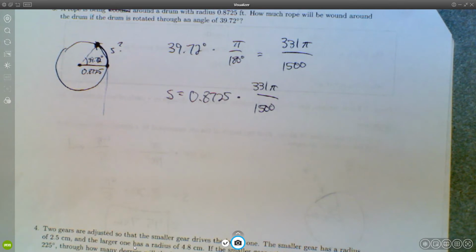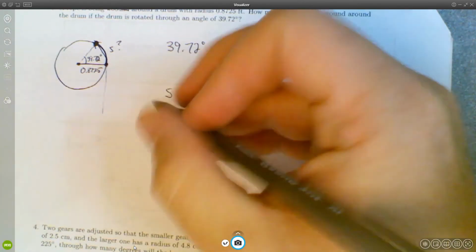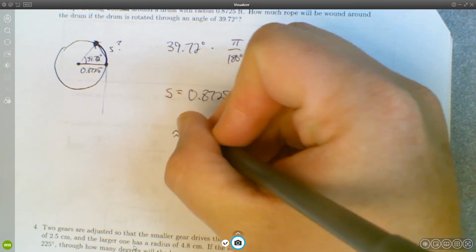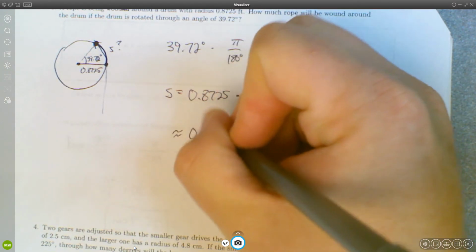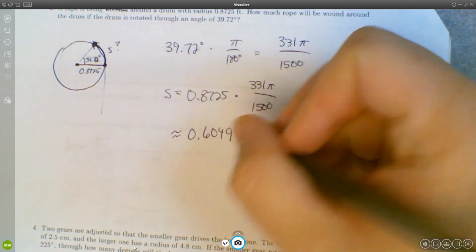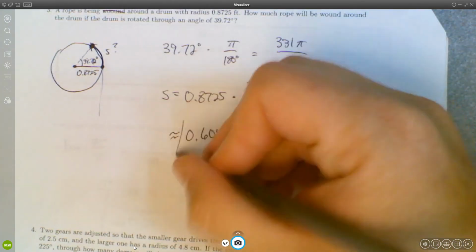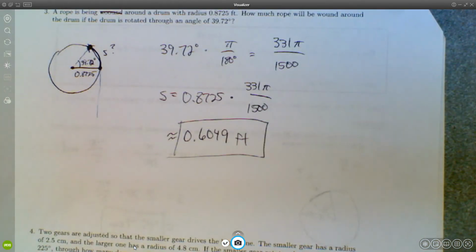So we'll do 0.8725 times 331 pi over 1500. Okay, so that comes out to 0.6049 feet. So that's the length of rope that would be wound around the drum.